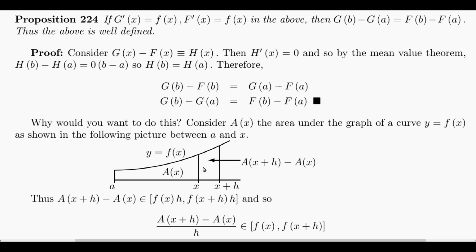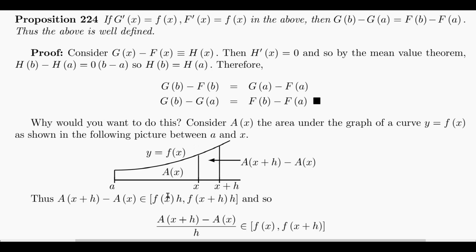Now, if you have a situation like this where the function is increasing, then this number here, which I've got labeled here, is somewhere between f of x times h and f of x plus h times h. Because you see, that would just be the area of a large rectangle that would have height f of x plus h.